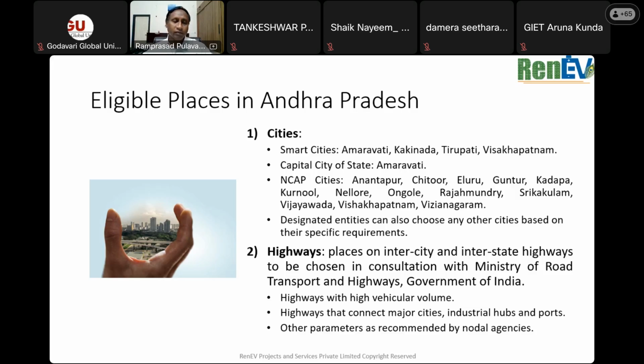For example, Chennai to Vijayawada, Vijayawada to Visakhapatnam, Visakhapatnam to Bhubaneswar, those sort of national highways which have very high vehicular volume. Highways that connect major cities, industrial hubs and ports, and other parameters as recommended by nodal agencies.